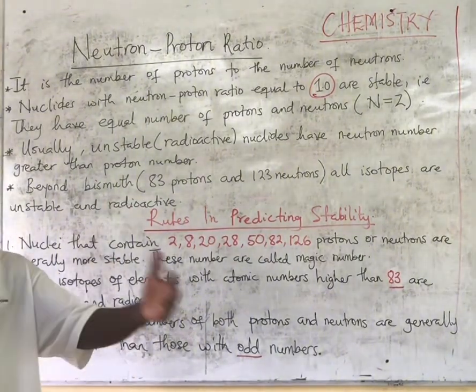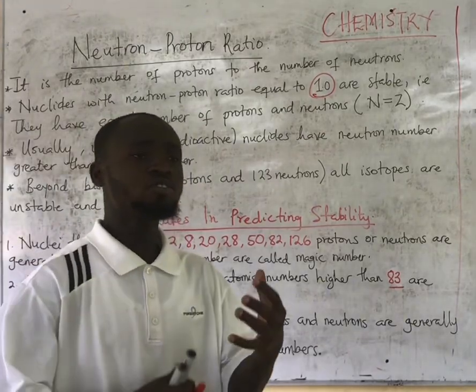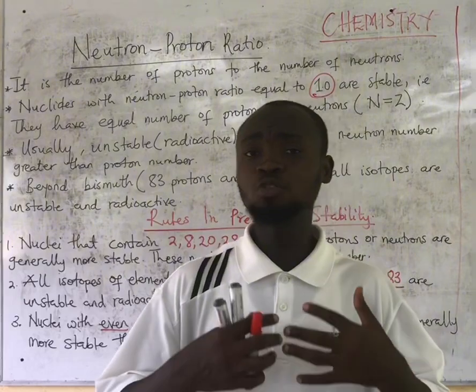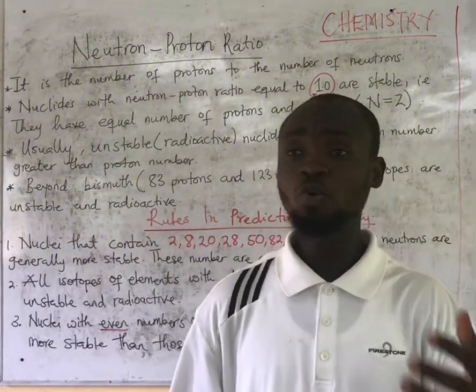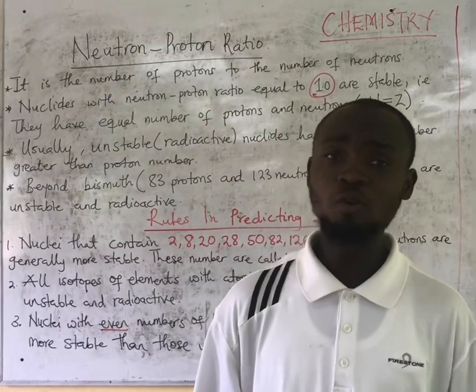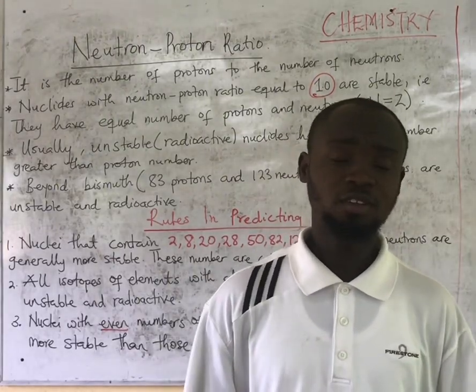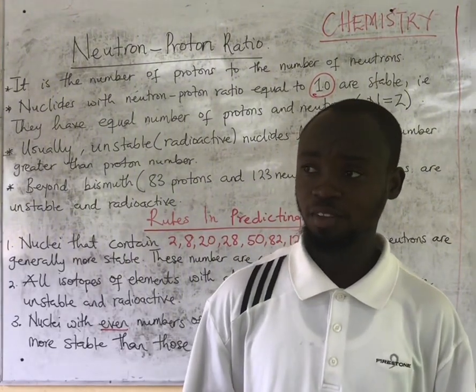They have heavy masses and more neutrons than protons, so there is instability in the nucleus. For them to become stable, they undergo decay. Some undergo alpha decay, some undergo beta decay, some capture electrons to convert. Is that okay?